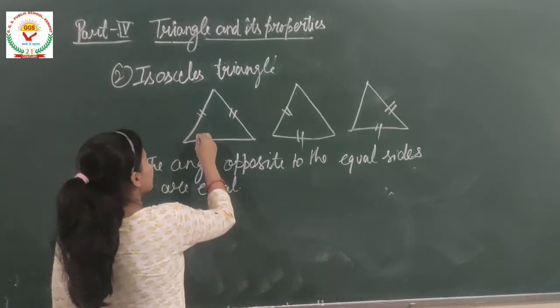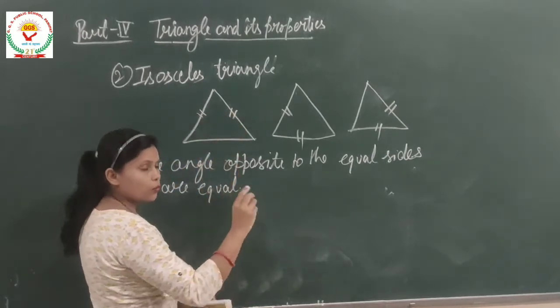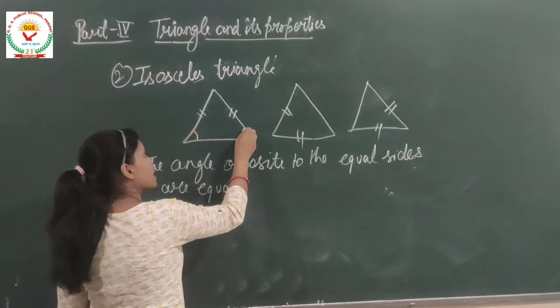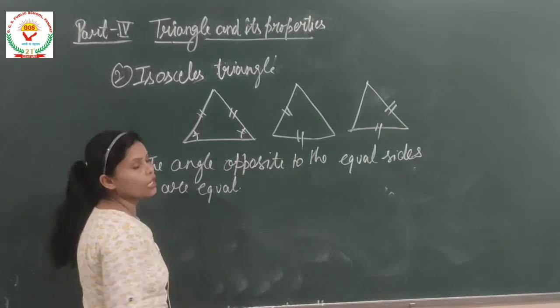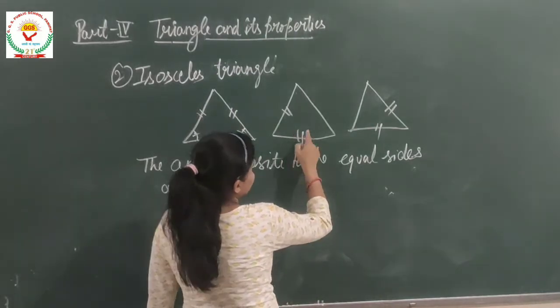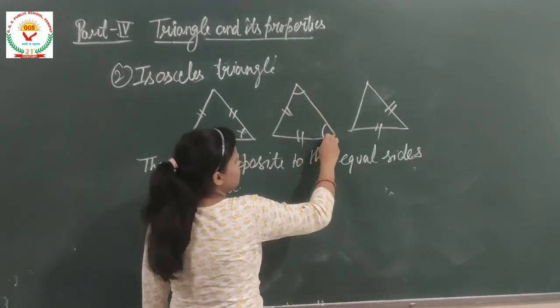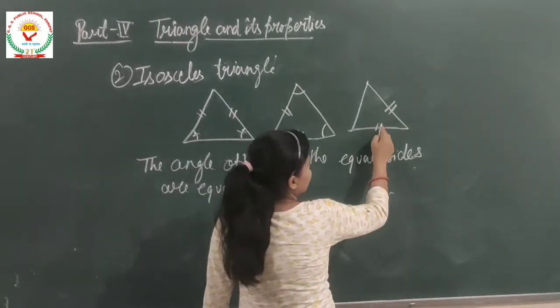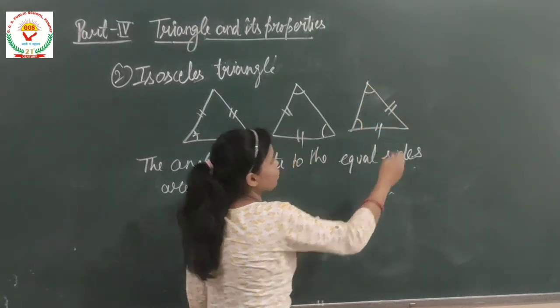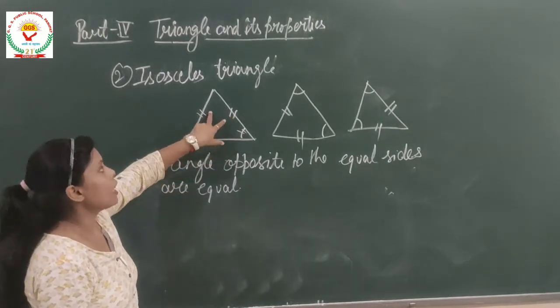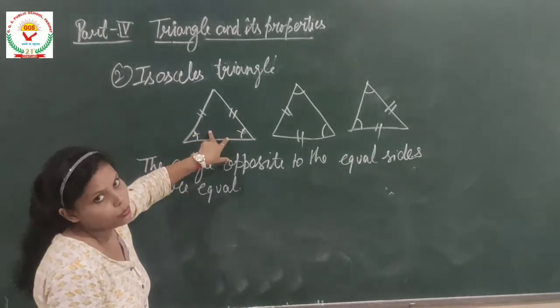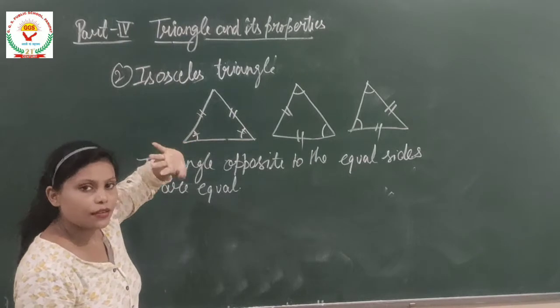It means these are the two equal sides, so the opposite angles are these. These angles are also equal to each other. In this triangle, these two angles are equal to each other, and in this triangle, these two angles are equal to each other. That means two sides are equal and two angles are equal in an isosceles triangle.